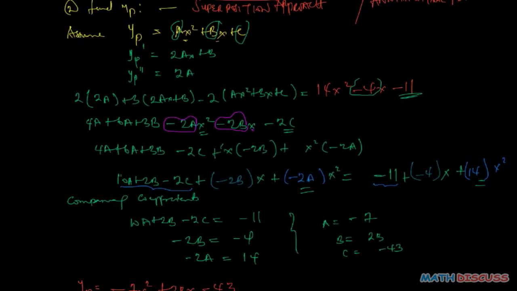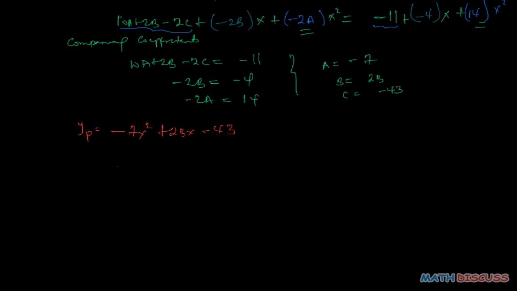So therefore y, which is equal to yc plus yp, equals c1 e to the power negative x all over 2 plus c2 e to the power 2x, then plus yp, that's minus 7x squared plus 23x minus 43. So this is our general solution.